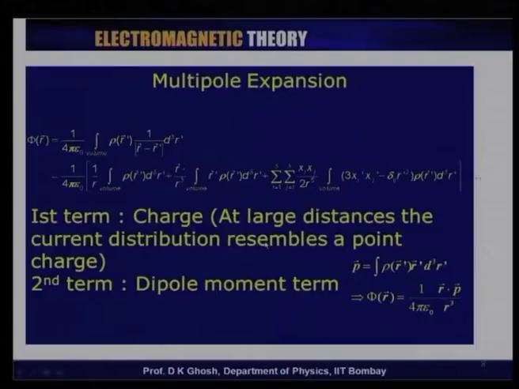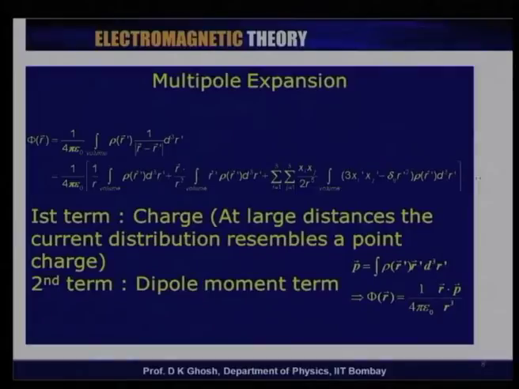Okay. So, having expanded 1 over |r minus r prime| in this way, I will now write down a general expression for the potential in terms of this expansion.